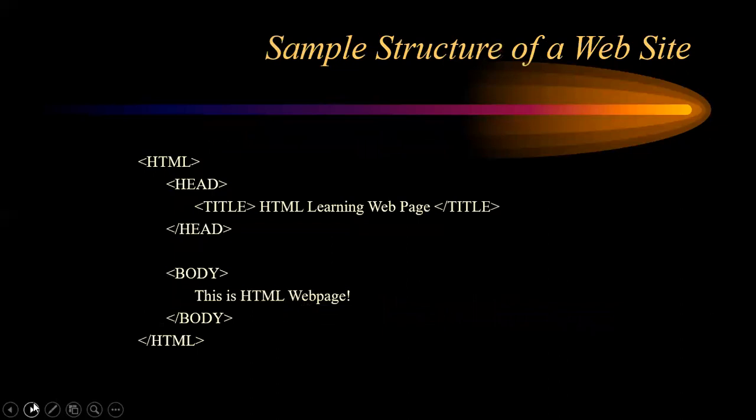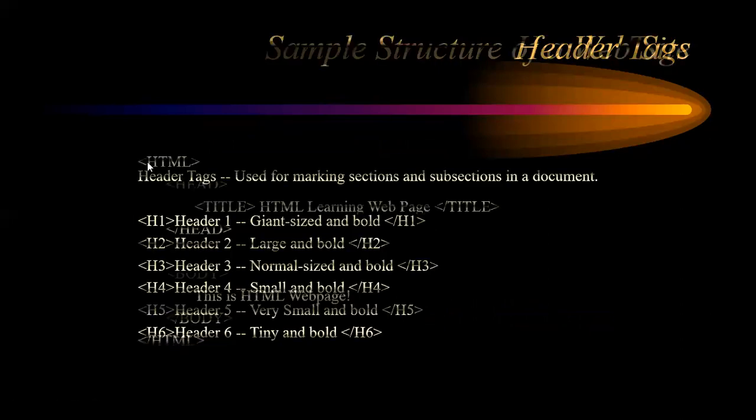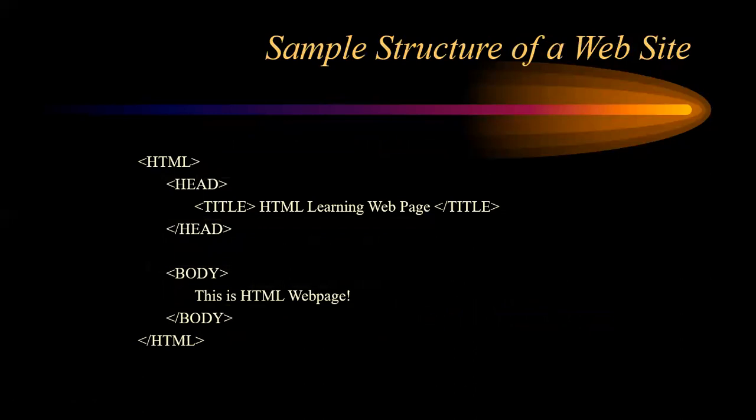So when we type these tags in the basic website structure, how are these typed? First, we will start with the HTML main tag. As already discussed, this is the main tag in which all the tags are typed.